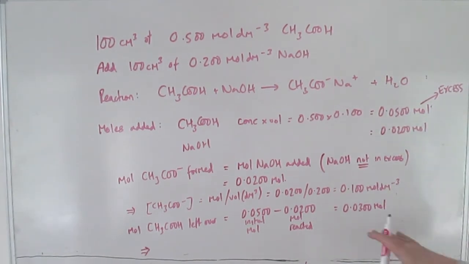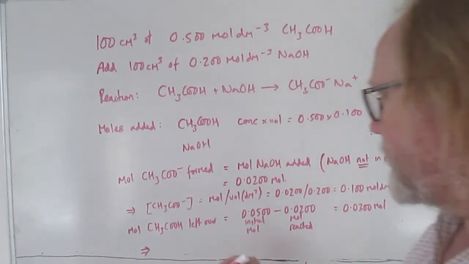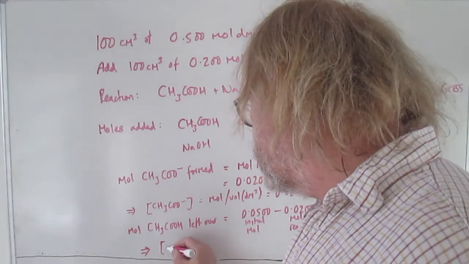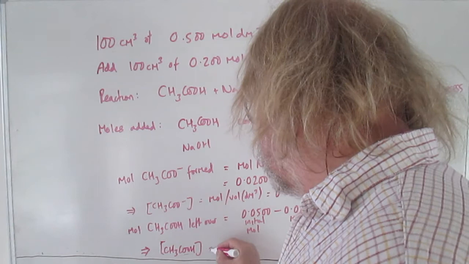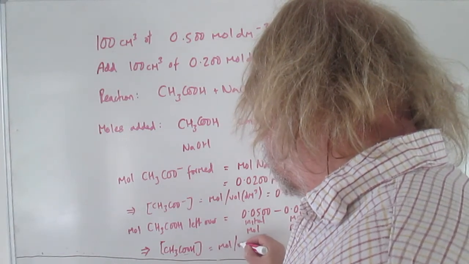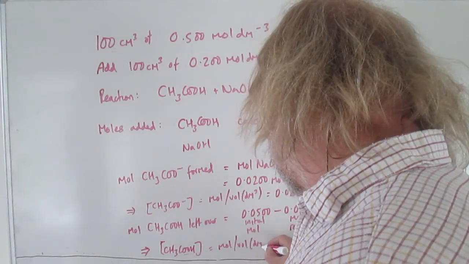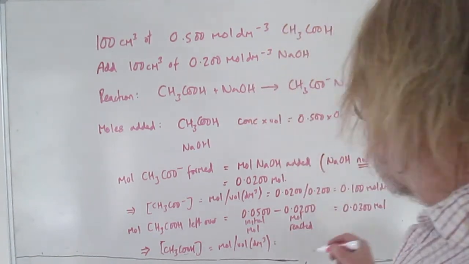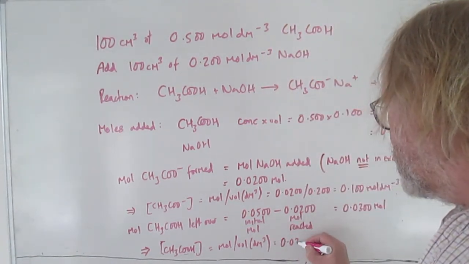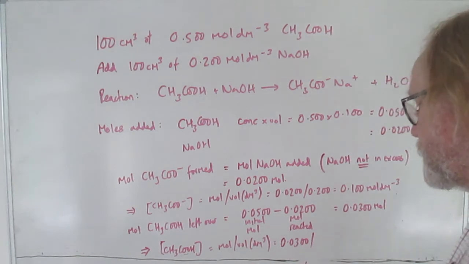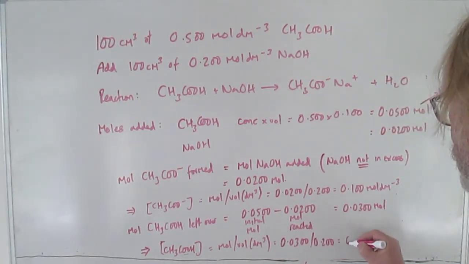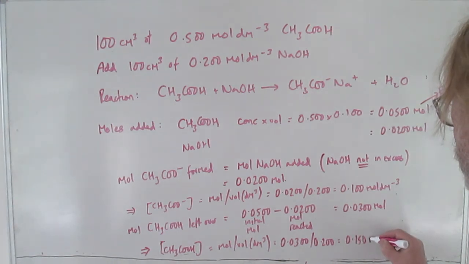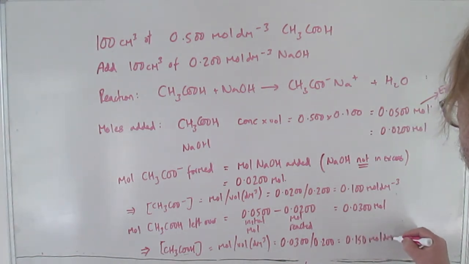So again, we can turn that into a concentration. The moles of ethanoic acid we can turn into the concentration, which is moles over volume, which is this time 0.03 divided by our 200 cm cubed, which is 0.2 dm cubed, which is 0.150 moles per dm cubed.